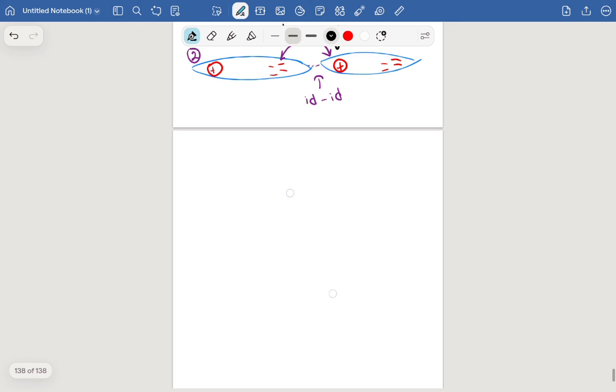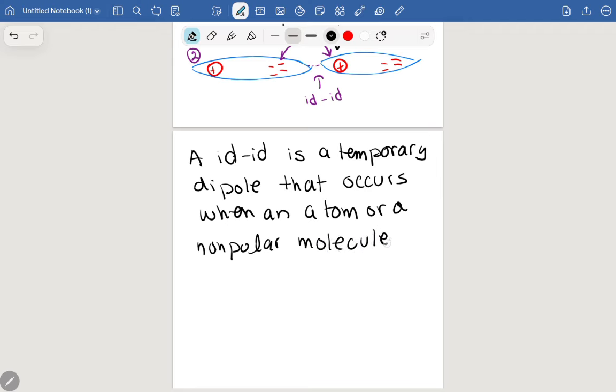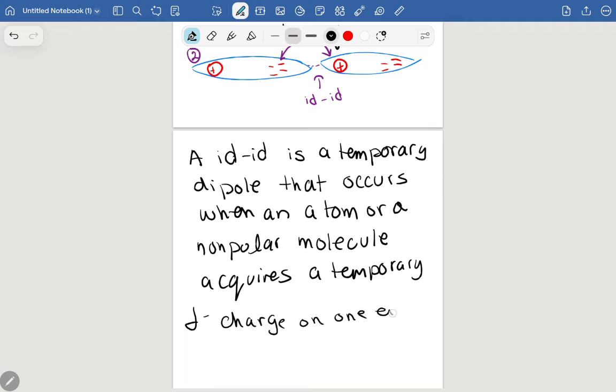An instantaneous dipole, induced dipole, is a temporary dipole that occurs when an atom or a non-polar molecule acquires a temporary partial negative, this means partial negative charge on one end, and partial positive on the other.